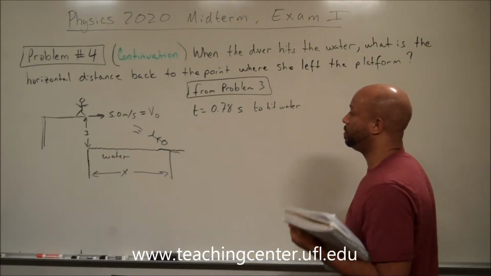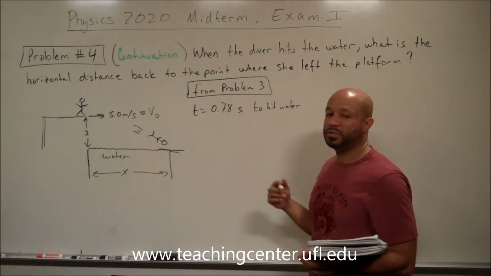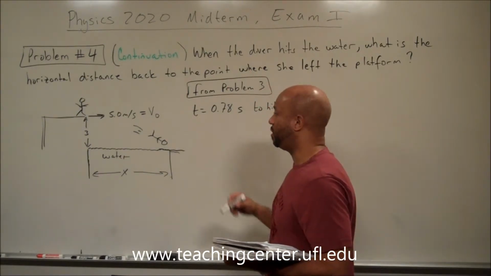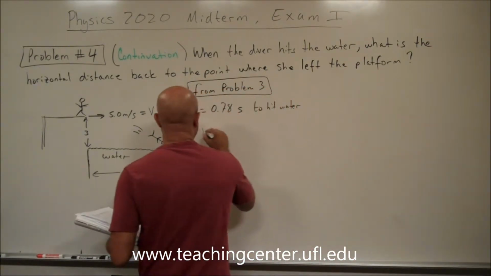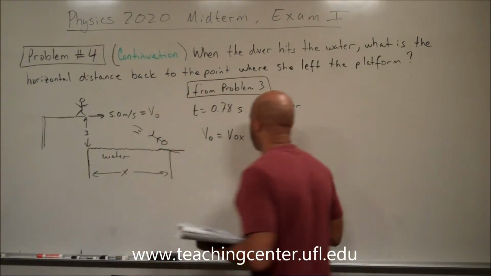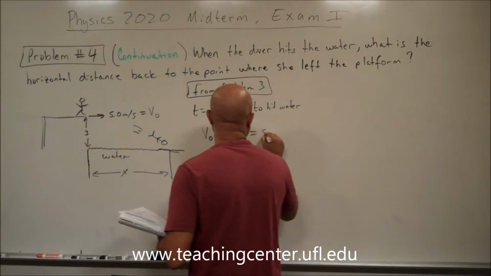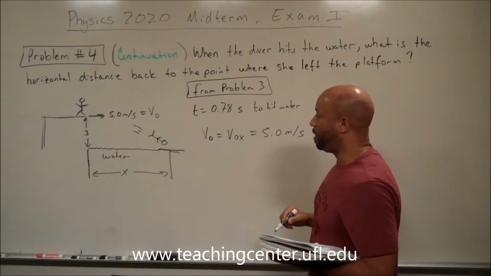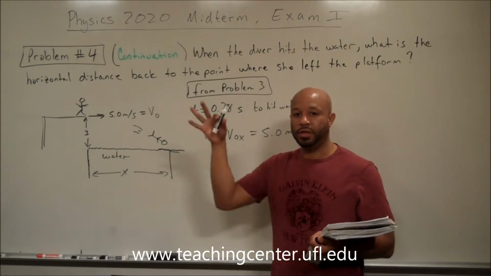To solve this problem, we need to understand some things. The fact that this diver is diving horizontally means that our initial velocity is in the horizontal direction only. There is no y component. So the initial velocity is equal to the initial velocity in the x direction only, which is 5.0 meters per second. We also need to know that for projectile motion, gravity is only acting on an object in the y direction.